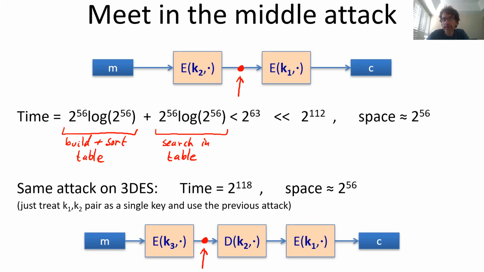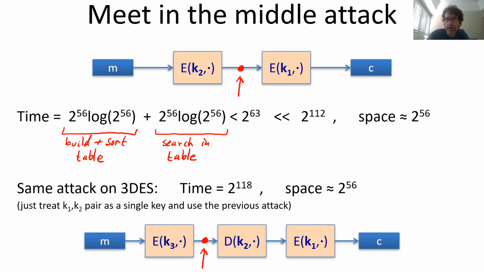The best known attack against this essentially runs just like this attack, but finds here the vulnerable point. So it uses the same space, because you have to create the table of 2 to the 56 possibilities. But now, going backward, you have to guess K1 and K2, and that is 56 times 2.